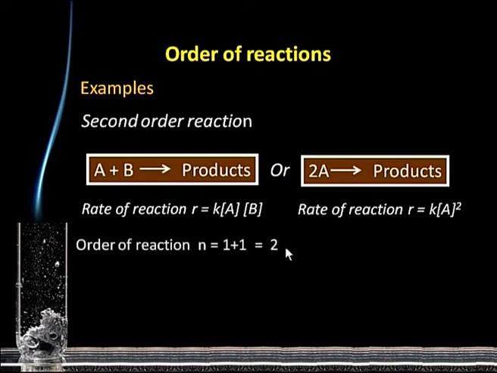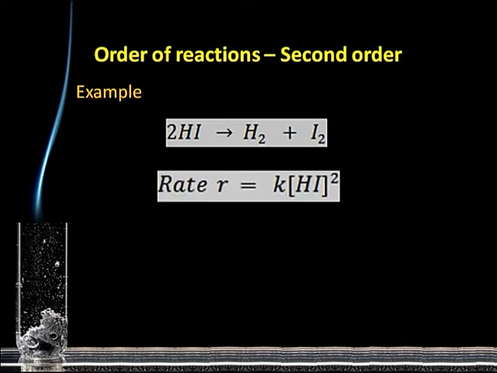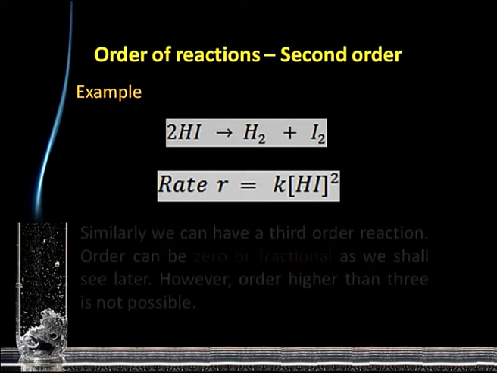Therefore, order of reaction in both the cases works out to be 2. Now, example: 2HI giving you H2 plus I2, and rate is given by k, that is the rate constant, into concentration of HI raised to 2. Order of reaction therefore is 2 in this case.